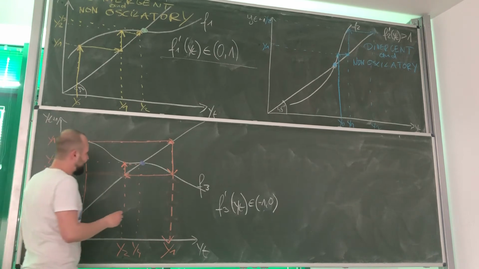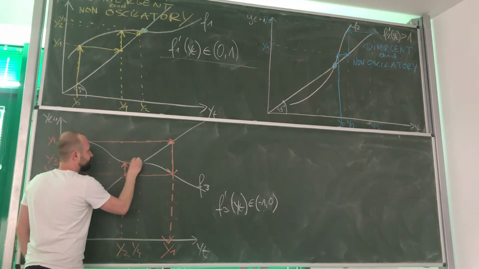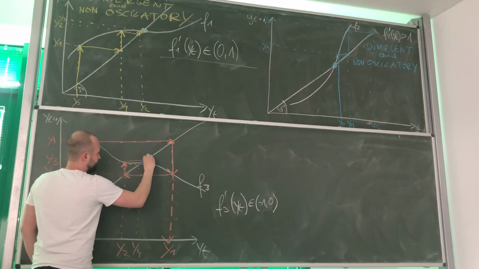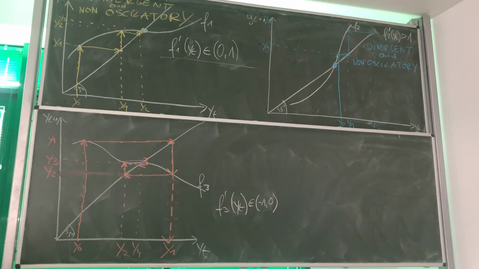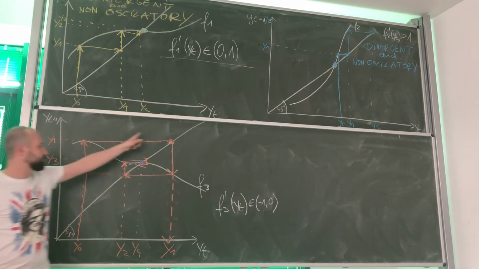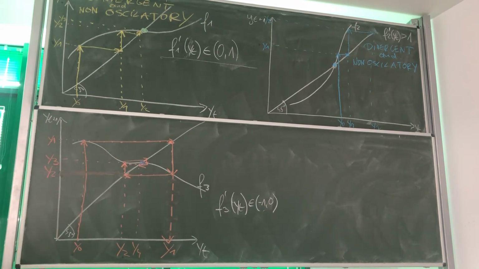So where can we expect to be later? Well, we would expect to be here, then here, and then here. So look, what is happening in this case is that we are actually getting closer and closer to equilibrium.